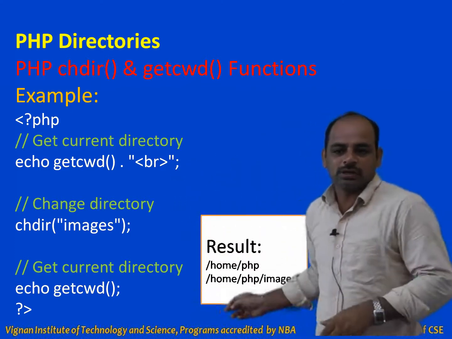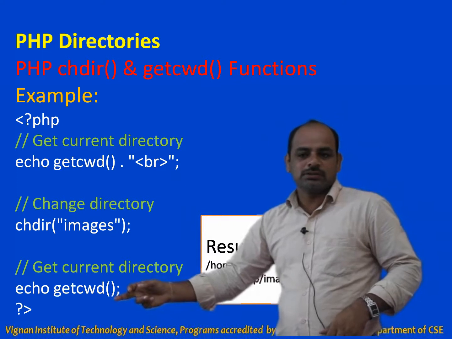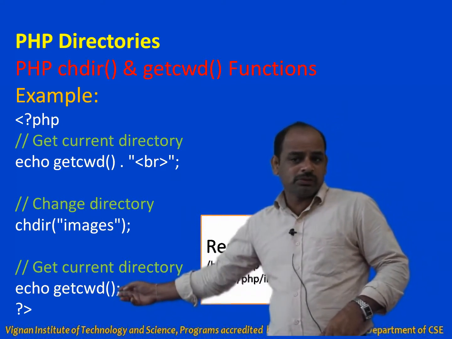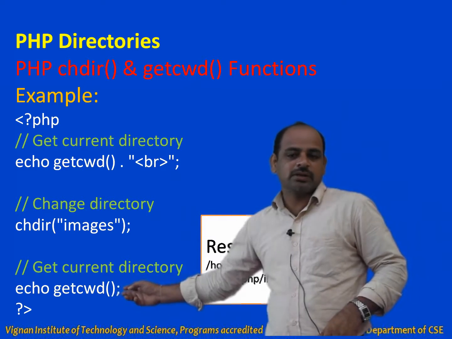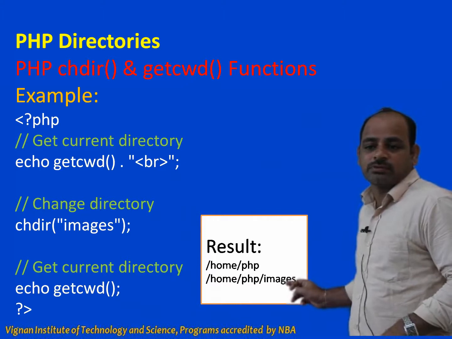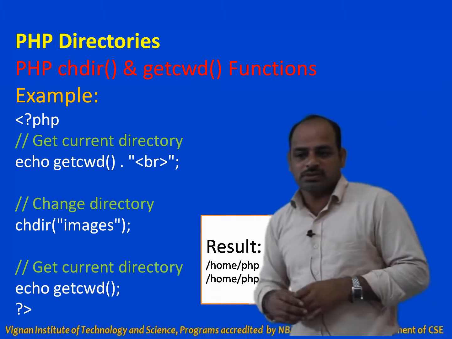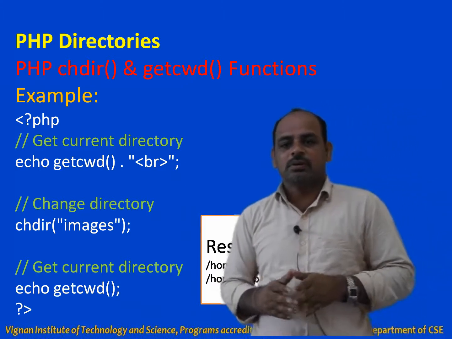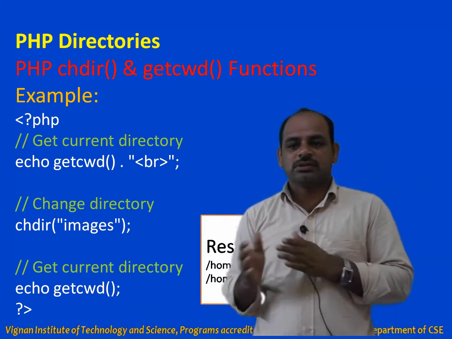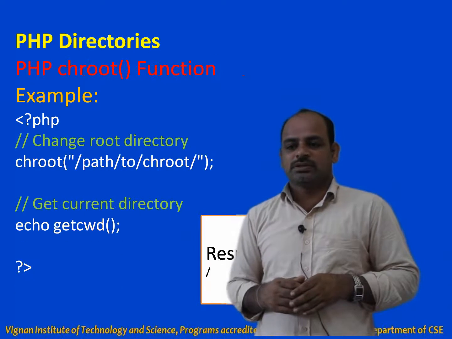After that I am retrieving again with echo getcwd, which is the working directory. What is the current working directory now? It becomes images, because we have changed it from PHP to images. This is the example demonstrating the chdir and getcwd functions.